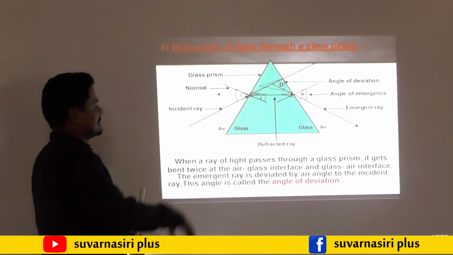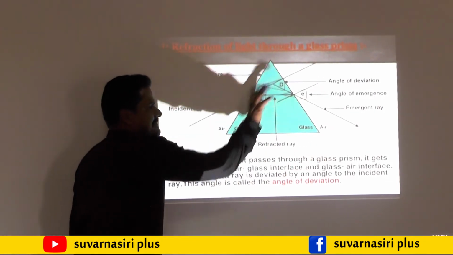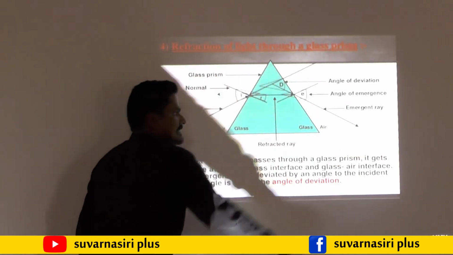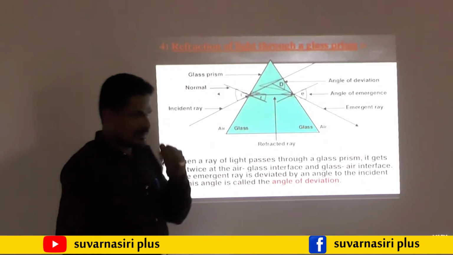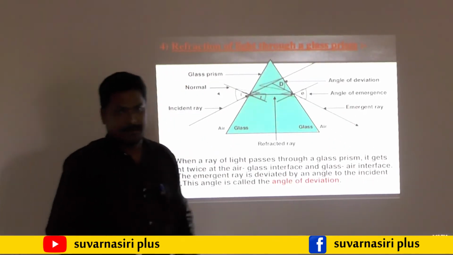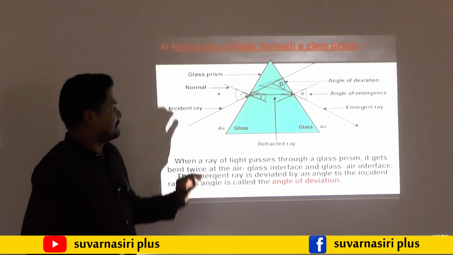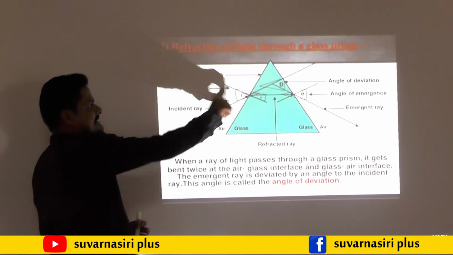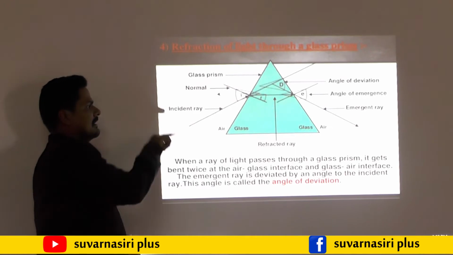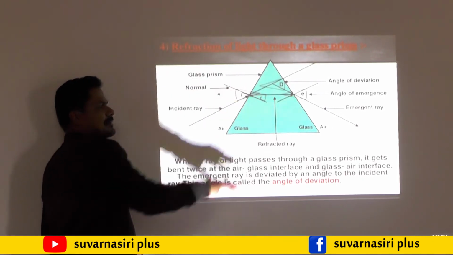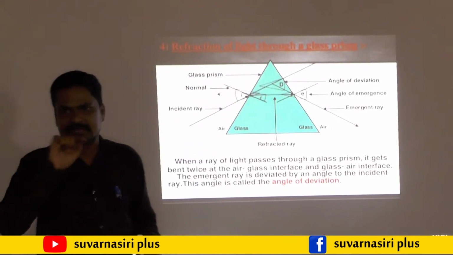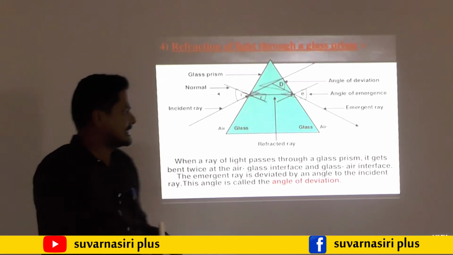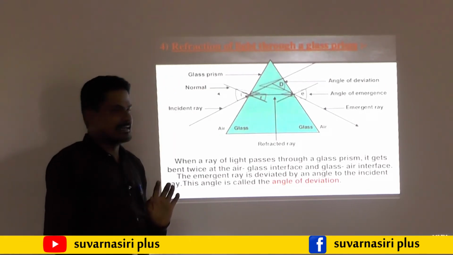Once again I am showing here: this is the incident ray, it bends, this is the refracted ray, and another ray comes out, called the emergent ray. The angle formed between the incident ray and the normal is called the angle of incidence.